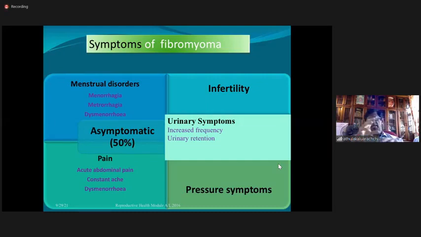You can sometimes have bleeding in between your periods, and also you can have pain during periods. I said more than 50% are asymptomatic. Then, of course, it can cause pain. Pain is more likely to occur when there are complications. If they undergo torsion or degeneration, certainly fibroids can cause symptoms.